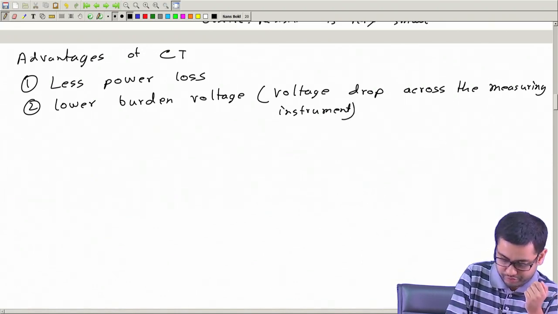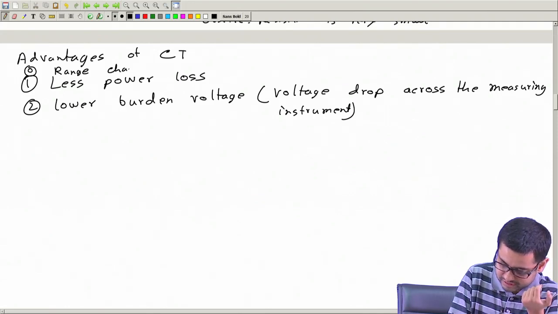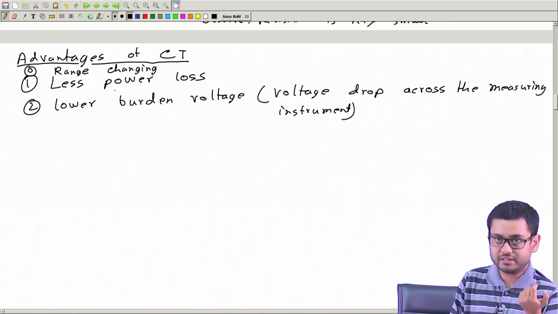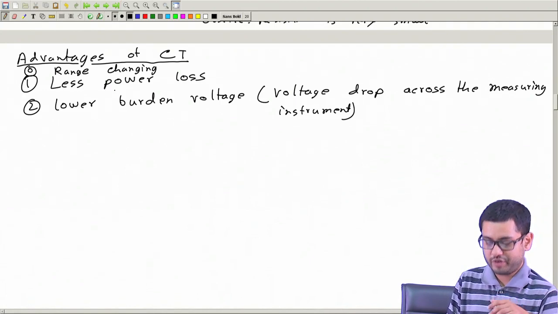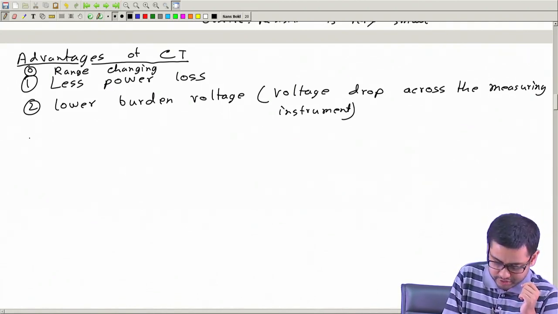Of course, the first advantage, or you could call it the 0th advantage, is range changing, which we already mentioned. If we want to measure a high current with a normal ammeter, we have to bring the current down to a measurable value. So that's the first use, of course.